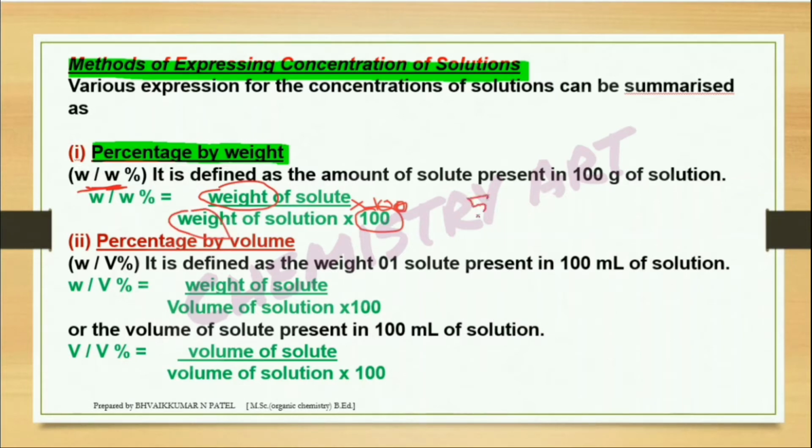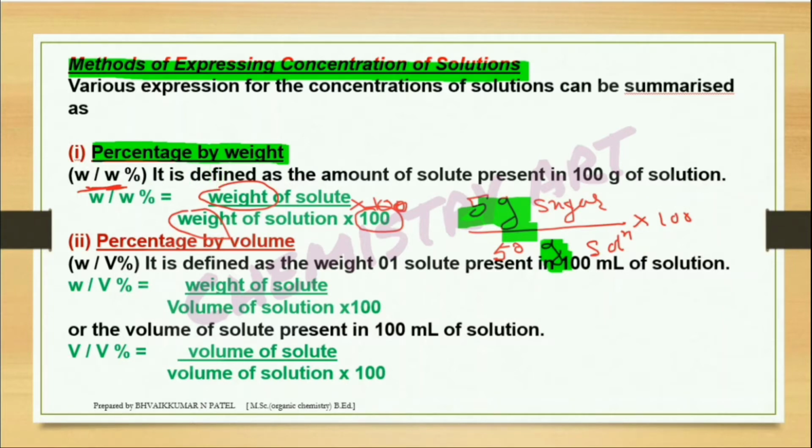For example, 5 gram of sugar is dissolved in a solution whose total mass is 50 gram, in which 5 gram of sugar is present. You have to see this one only: on both sides we are taking grams. It means that it is percentage by weight, W by W.